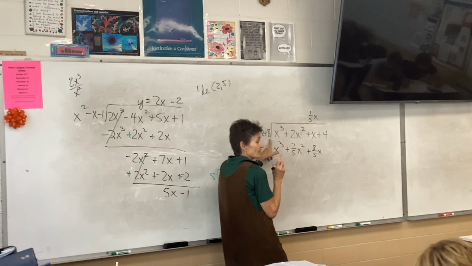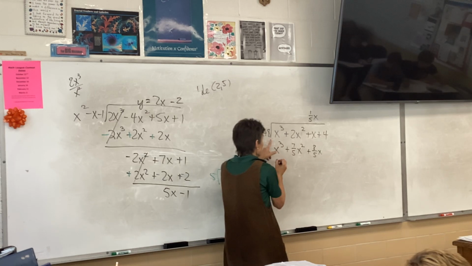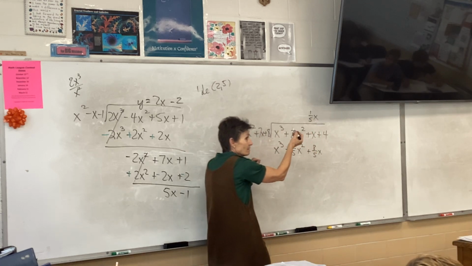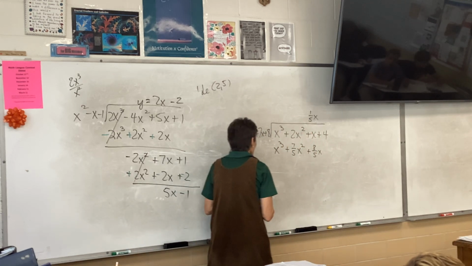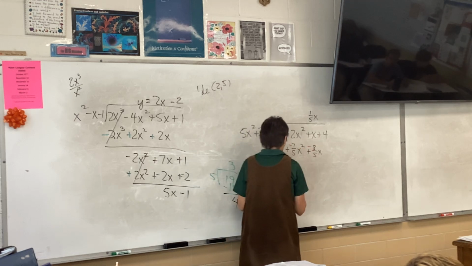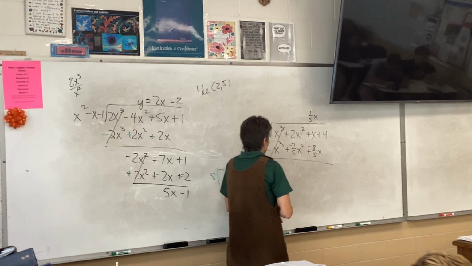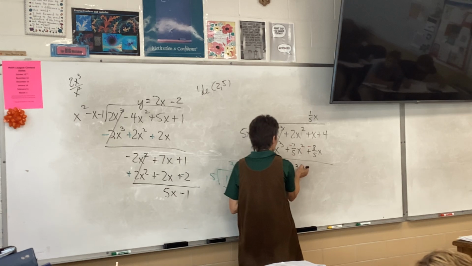Now, the good news is, remember, we only need to do one more step, because we only need to know what goes right there, right? So now I'll subtract. So what is that, 3/5?